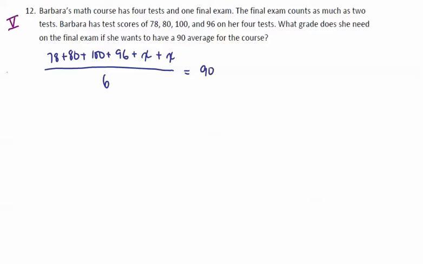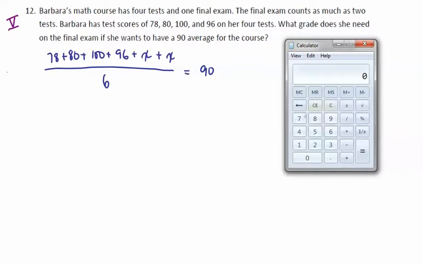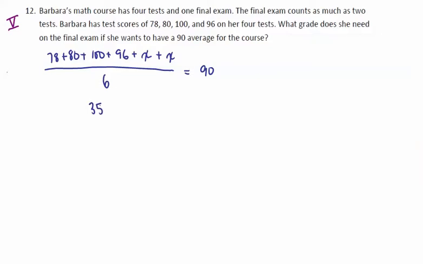Sorry, I added an extra 354 in there. So 78 plus 80 plus 100 plus 96 gives us a total of 354, plus the 2x's divided by 6 is equal to 90.